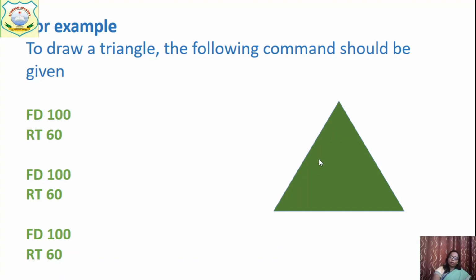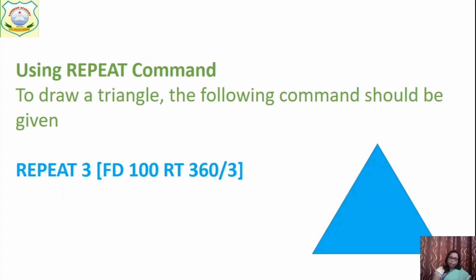So now, instead of writing these commands, we will use the repeat command. For that we have repeat 3 and then FD 100 RT 360 by 3. We have written 360 divided by 3 because 120 and 60 degrees are complementary angles.